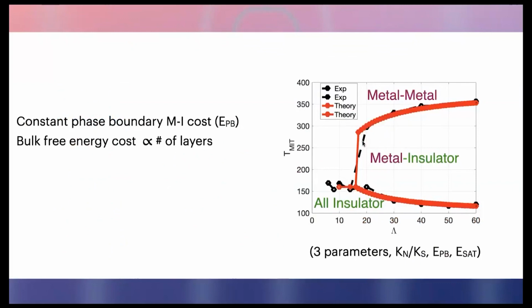And what does this Landau theory actually tell us? Well, it tells us that the transition in these superlattices is fully driven by a competition between a phase boundary cost between the metal insulating phase and the bulk free energy cost in each material.